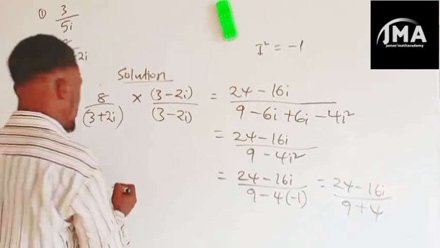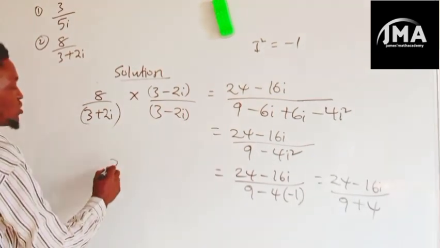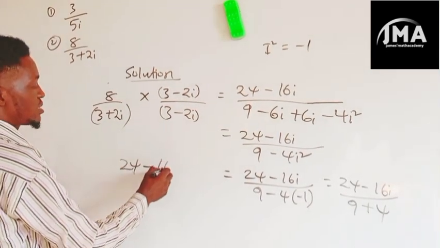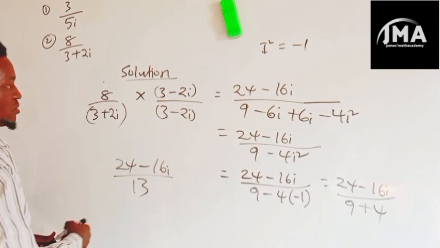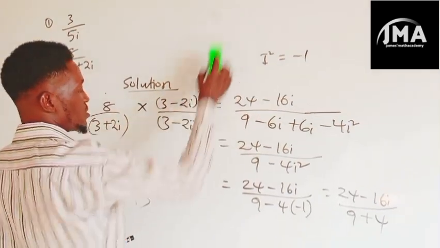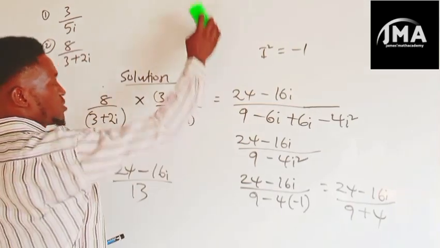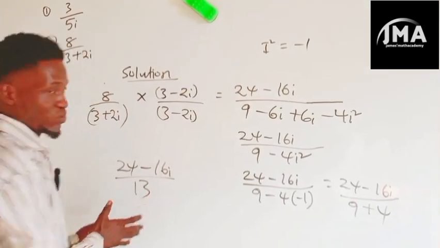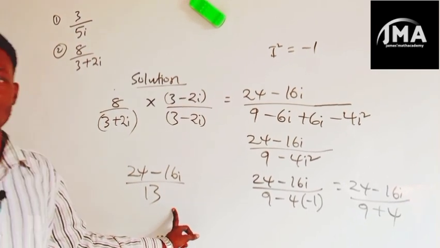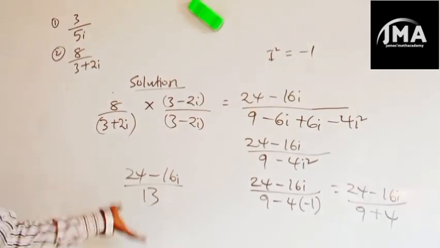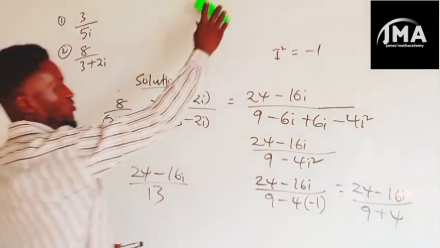So our final answer becomes 24 minus 16i everything over 13. Okay, so let me change this equal sign here. So this is our final answer to this question. If you notice, the i there is eliminated. Okay, you can either leave it like this or you can simplify it further.